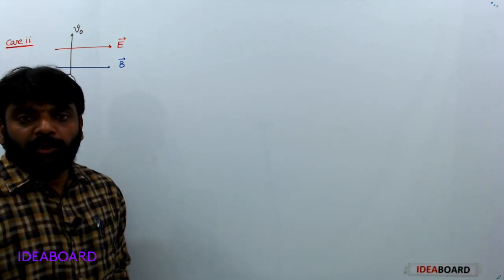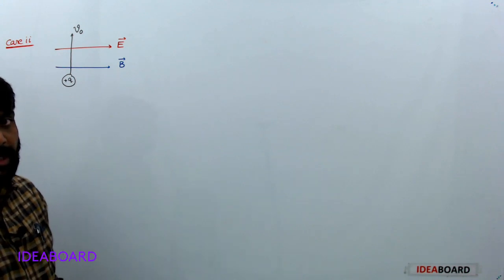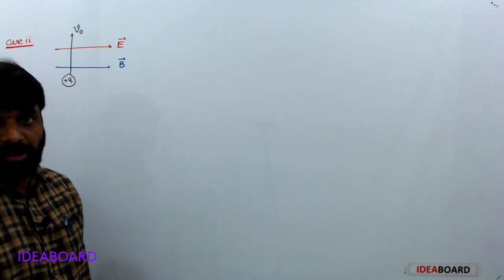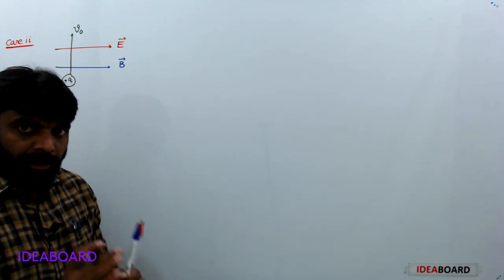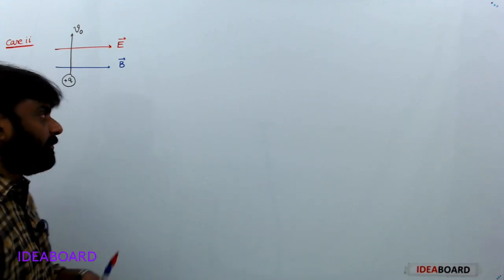Okay, it moves perpendicular to the electric field and magnetic field. Initial velocity is V naught. Now, for our convenience, I will explain individually.